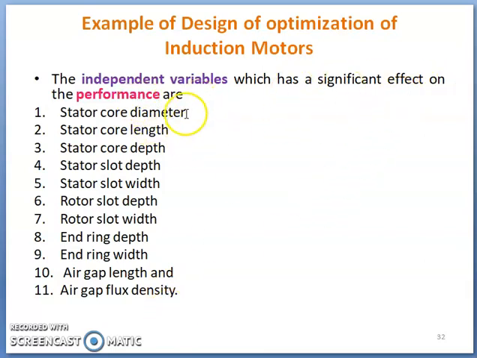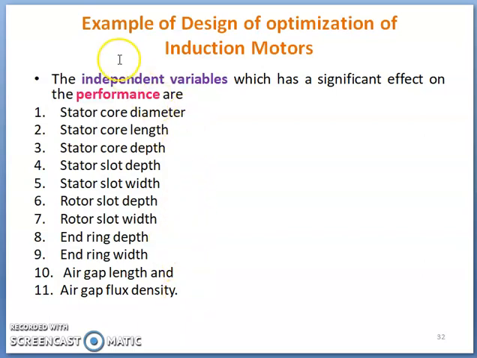These have a significant effect on performance. We'll see what the performance parameters are, but let us first see what the independent variables are. In the design of an induction motor: stator core diameter, stator core length, core depth, stator slot width, rotor slot depth, end ring width, air gap length, as well as air gap flux density.